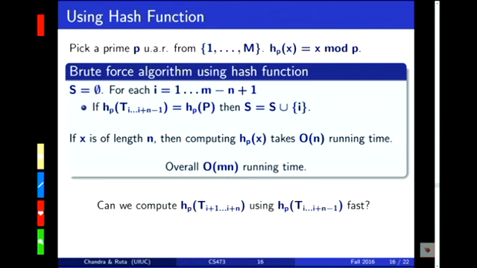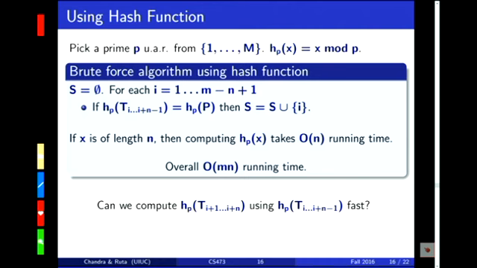Then what time does my algorithm take? To start with, I may have to compute the hash of P, which will take order n time. So initially I start with computing H_p of P and H_p of T from i through i minus 1 plus n.